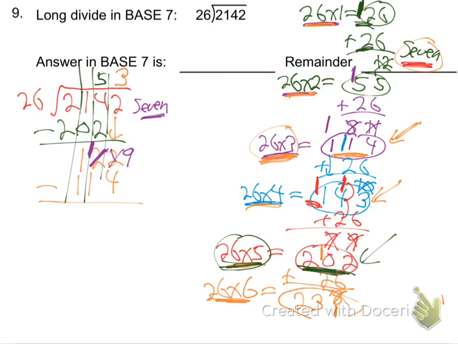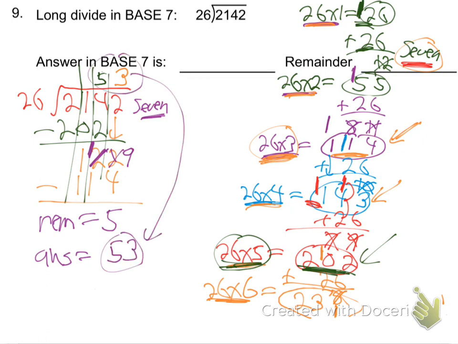That made it 9. 9 minus 4 is 5, and the rest are zeros. So that's my remainder. So my answer is 53, remainder 5. There we go.